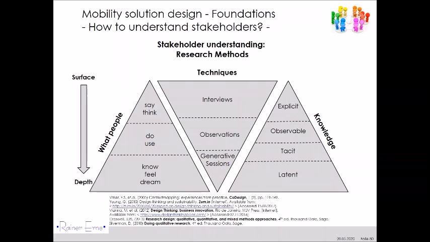A deeper method in order to come to user behavior and user needs are observations. And as I mentioned already, there might be a big difference between what people say and what they do, especially with respect to sustainability.